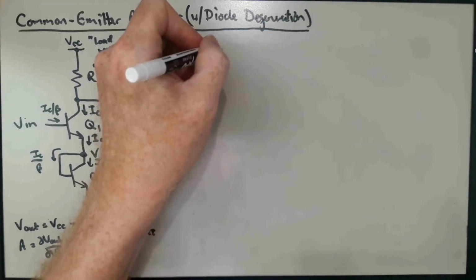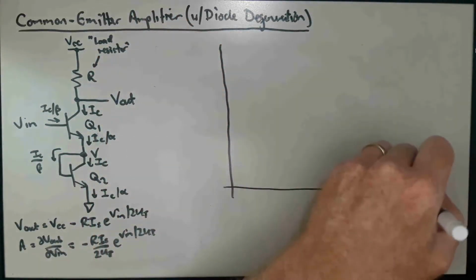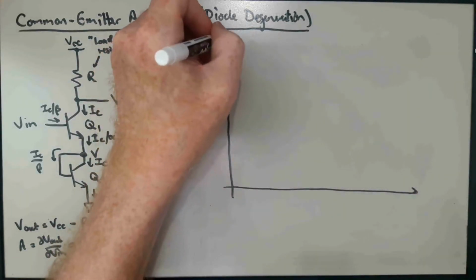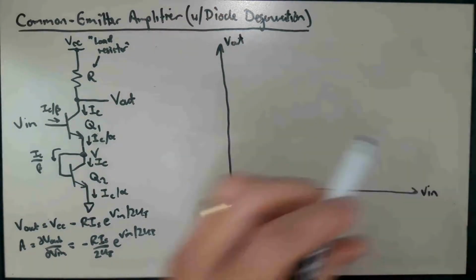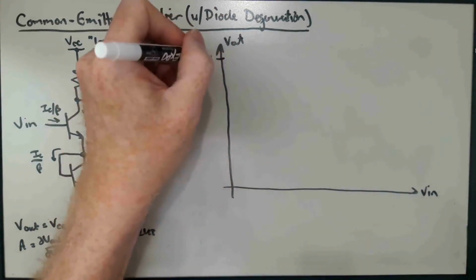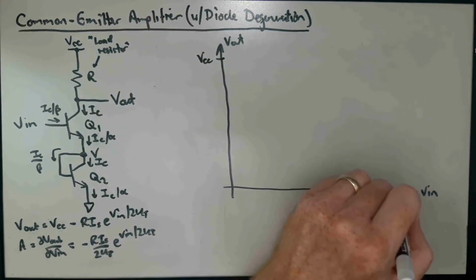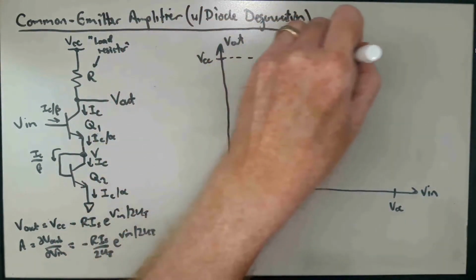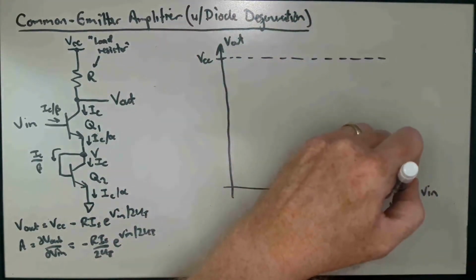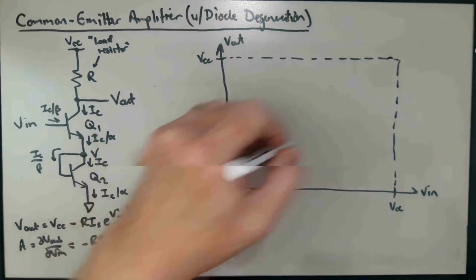So you remember a voltage transfer characteristic is a plot of Vout versus Vn. And we'll have this box of VCC, VCC, that defines our sort of range of voltages.